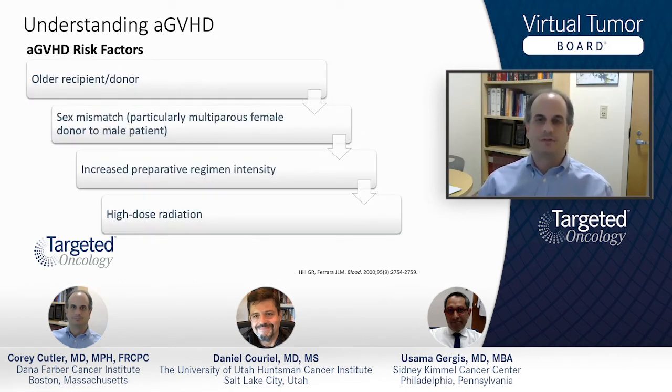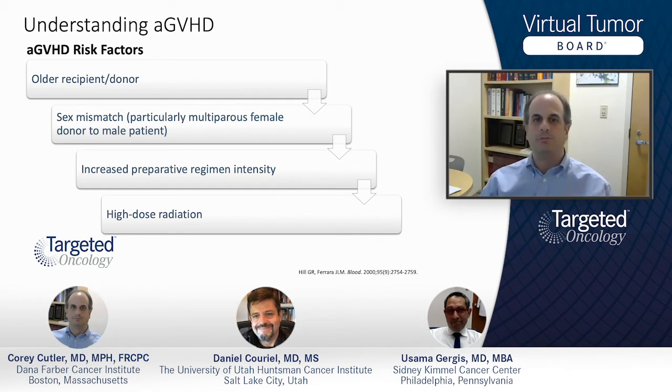In terms of risk factors, far and away, the most important risk factors are HLA related. But some of the things that we can manipulate as stem cell transplant physicians are choosing donors that are younger, so trying to minimize older donors.